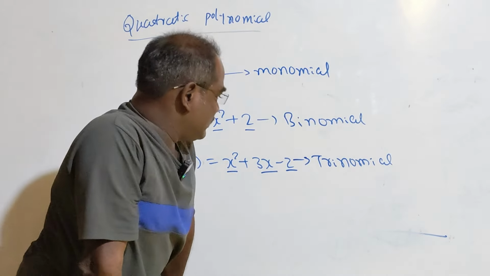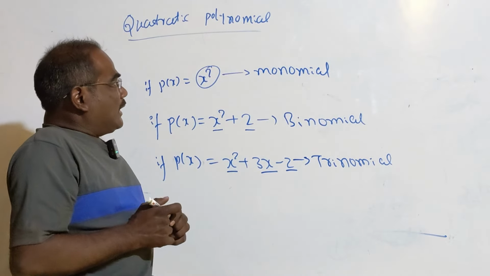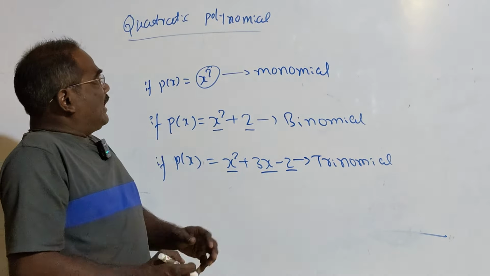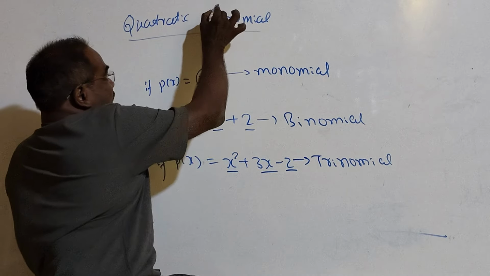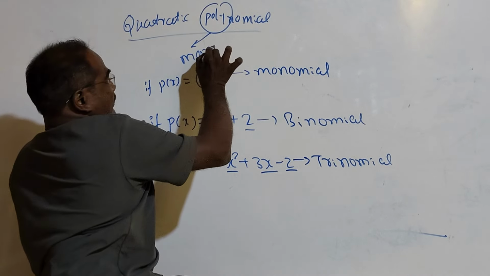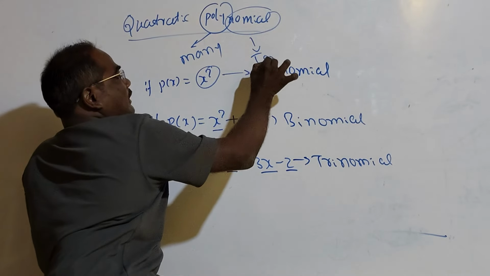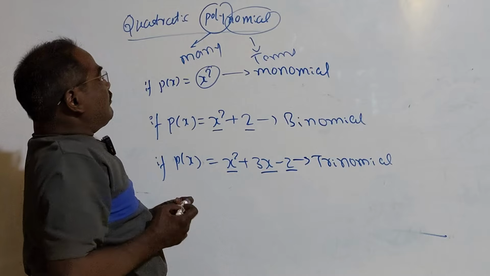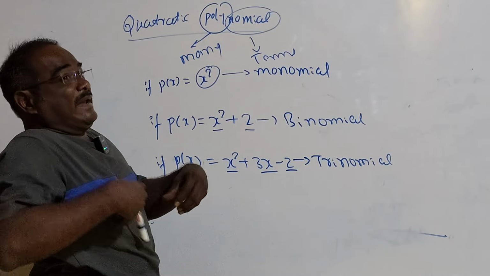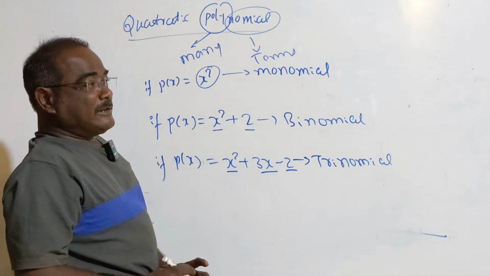So how does the name polynomial come? My dear friends, poly means many. Nomials means terms. An expression having many terms is called polynomial.